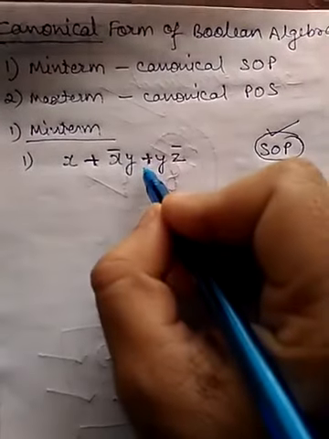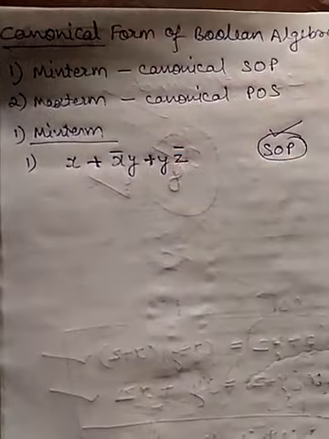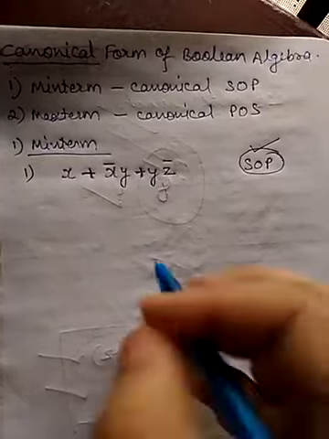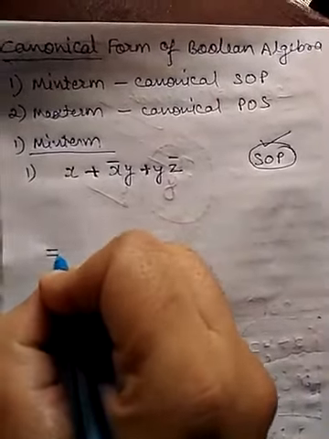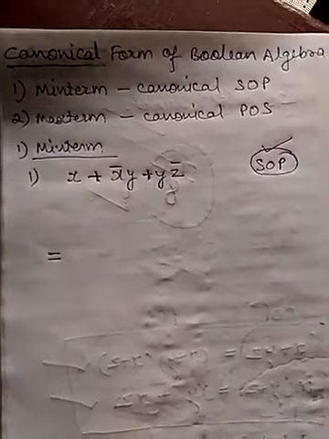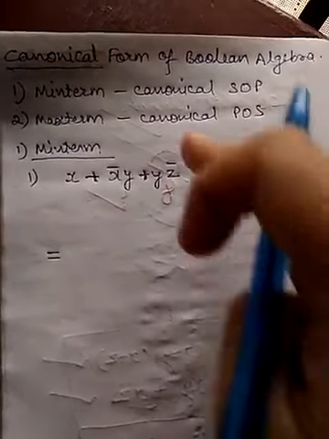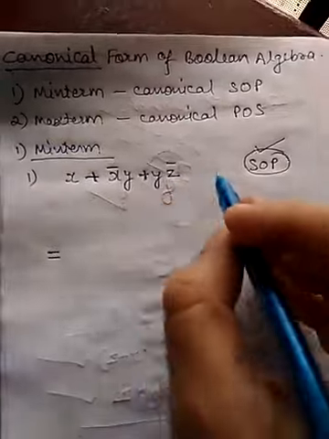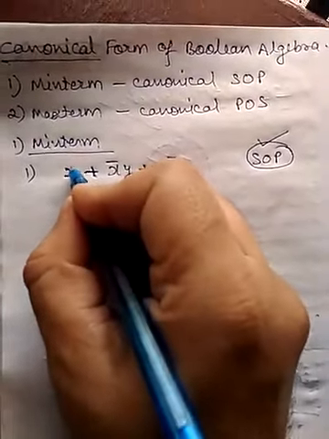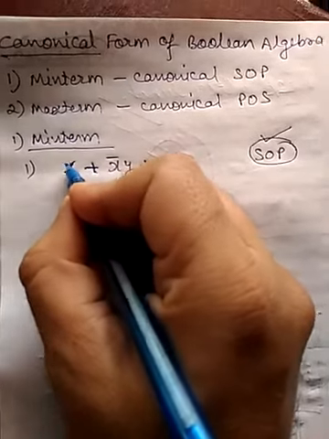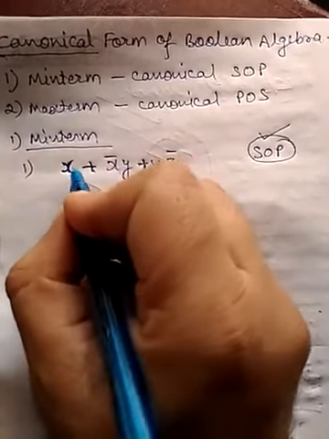But we can convert this function into the canonical form. Let us show you how. First I am just giving you the answer. Without doing anything, I can write the canonical form of this function. How? Let us see. How many variables are missing with this term? Two variables are missing with this term, that is y and z.